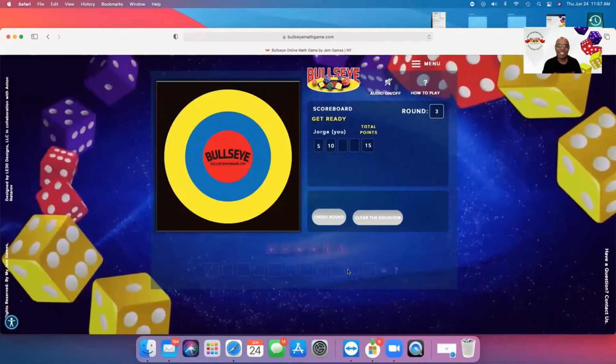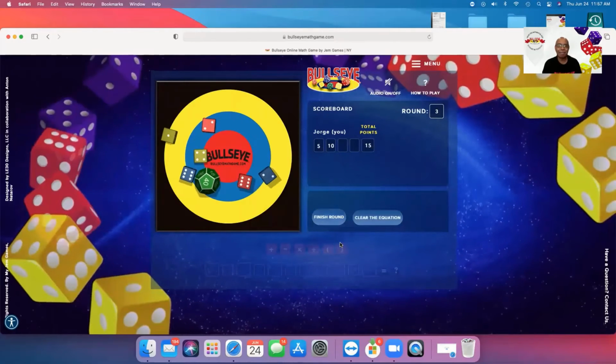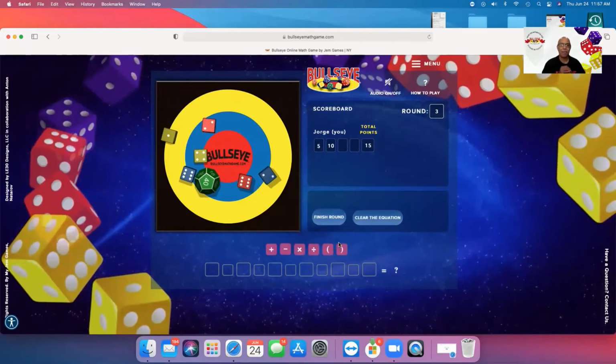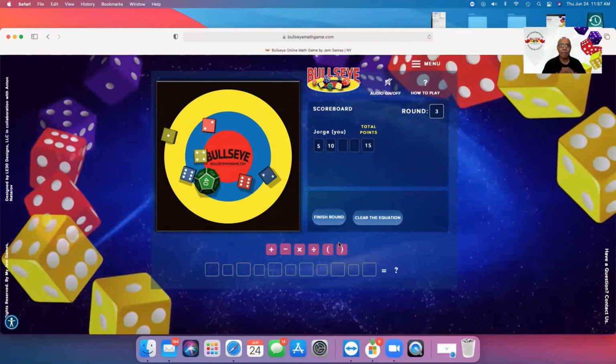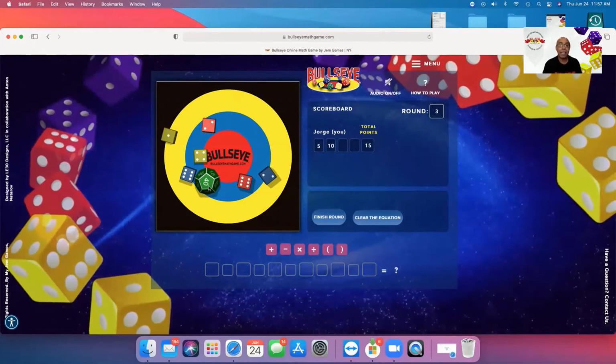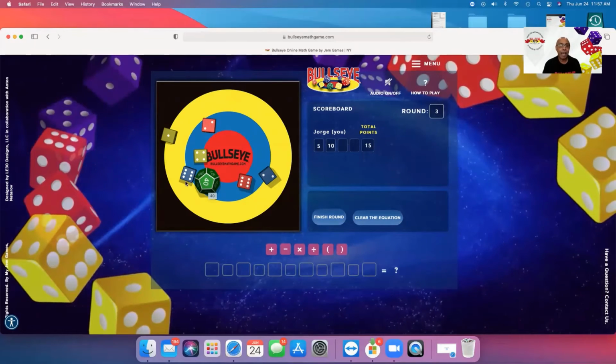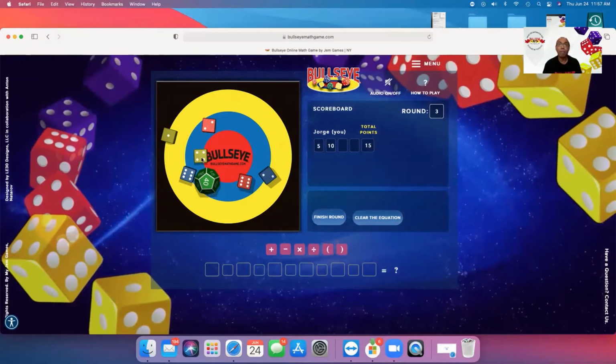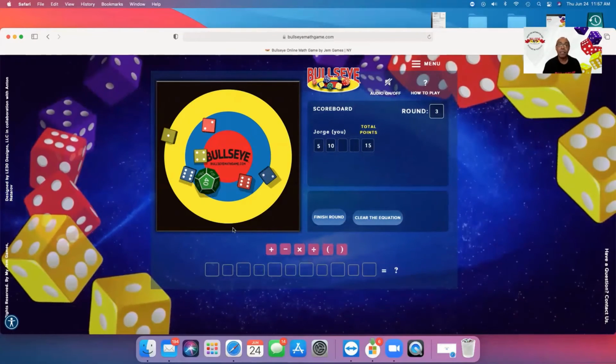All right. Fantastic, mathematicians. Now we are getting ready for round number 3. For round number 3, our bullseye number is 40. I have double 6. I have double 2s. I have a 4, and I have a 1. So let's see.